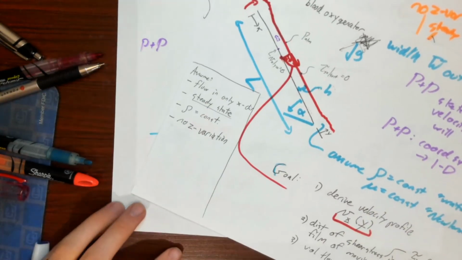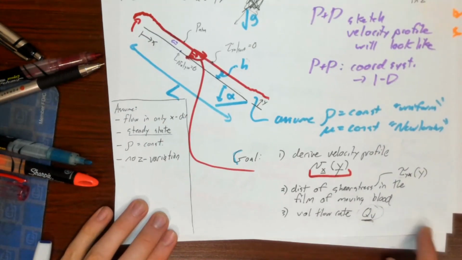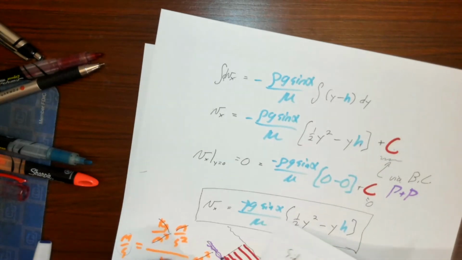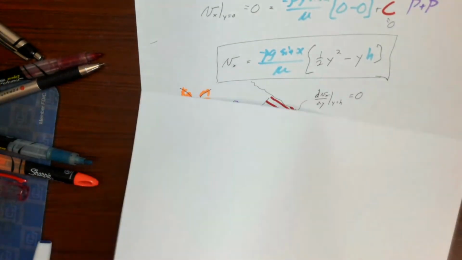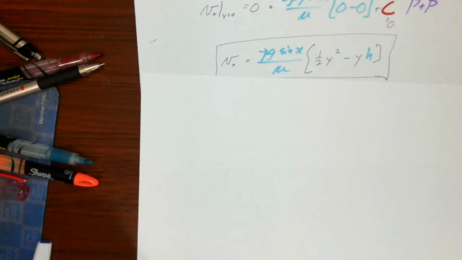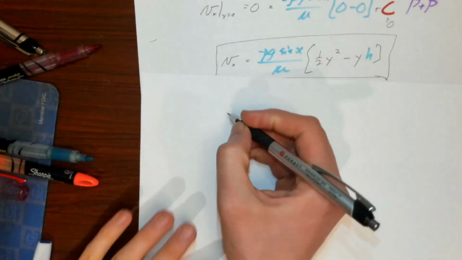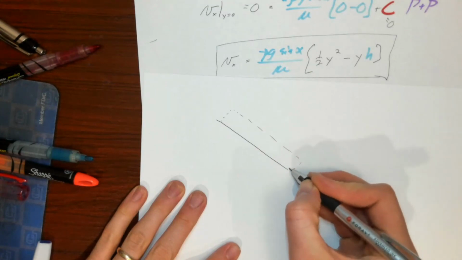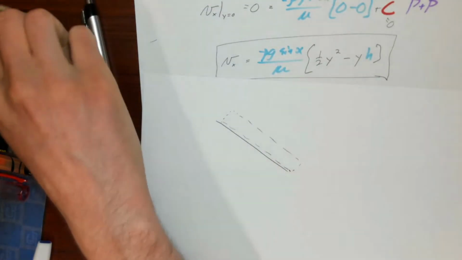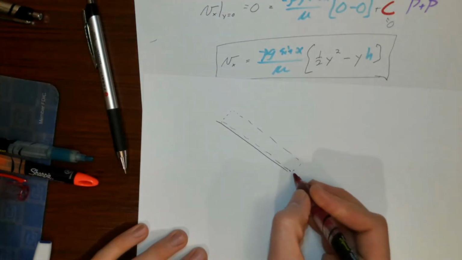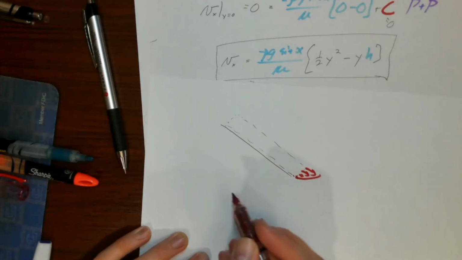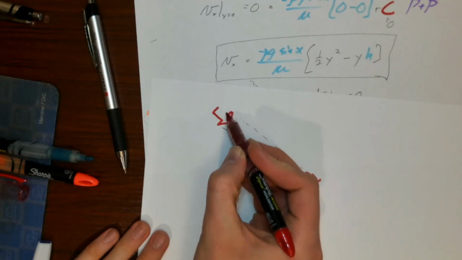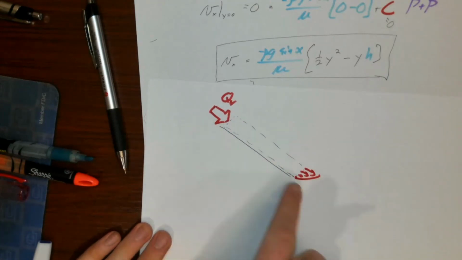But I digress. Finally, we can do the volumetric flow rate. So we can use our brand new velocity profile to figure out a volumetric flow rate, where we basically have some flow going down. We have our brand new velocity profile coming out the exit, and we have some volumetric flow rate going in.